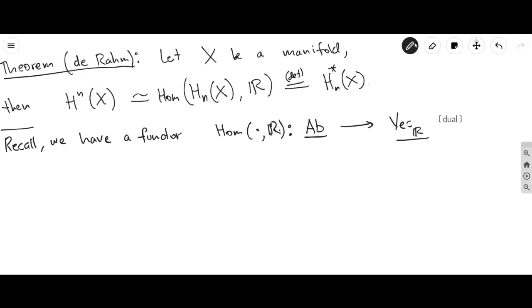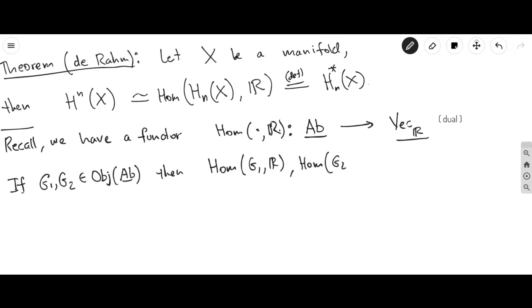To briefly recall how this works, if G1 and G2 are objects in the category of abelian groups, so in other words, they're just abelian groups, then if you take Hom of G2 into R, and you consider homomorphisms from G2 into R, then this will have the structure of a vector space over the reals, because if you have two homomorphisms, then the sum of those two homomorphisms is another homomorphism.